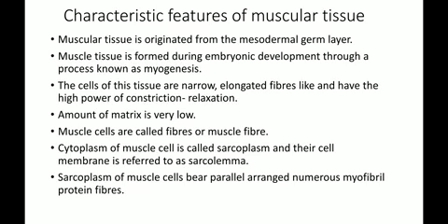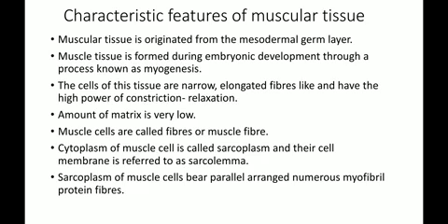Muscle cells are called fibers or muscle fibers because they look like fiber-like structures. The cytoplasm of the muscle cell is called sarcoplasm, and the cell membrane is referred to as the sarcolemma. In a typical animal cell, the cell is surrounded by a double layer membrane called the plasma membrane, plasmalemma or cell membrane.